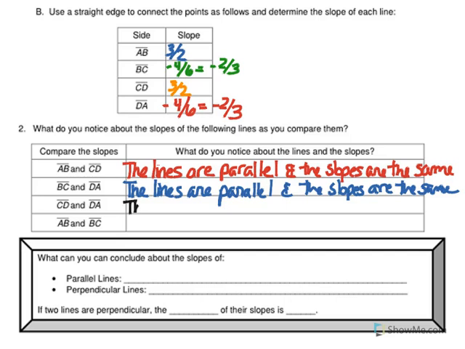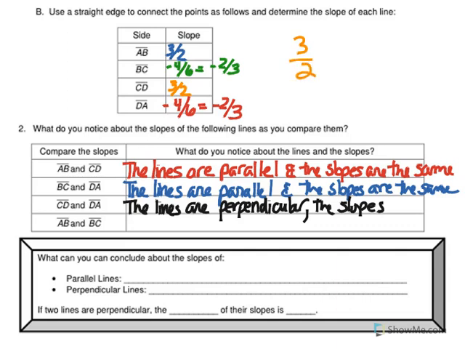So we can say that the lines are perpendicular, but what about their slopes? The slopes are, for CD, the slope was 3/2, and for DA, the slope is -2/3.